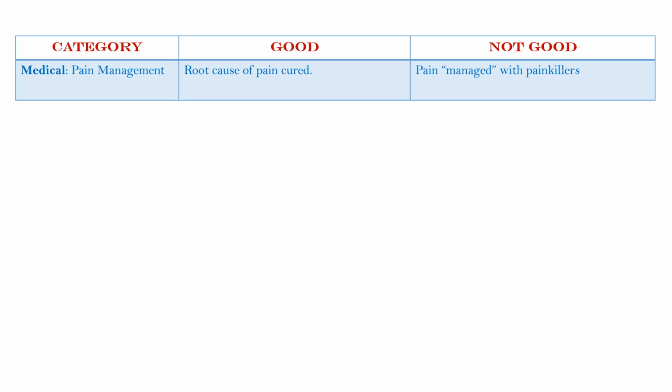Now we will go over good and improper management techniques in various industries and sectors. The first subsector is that of pain management in the medical industry. The reason why we're going over this particular subsector is because it is used as an example just to illustrate further the idea of palliative management.